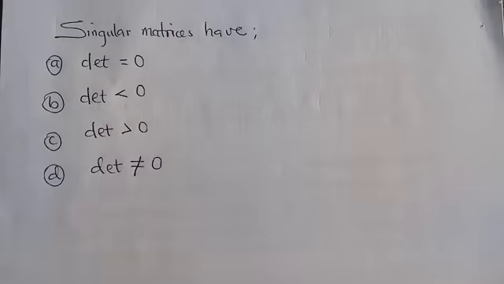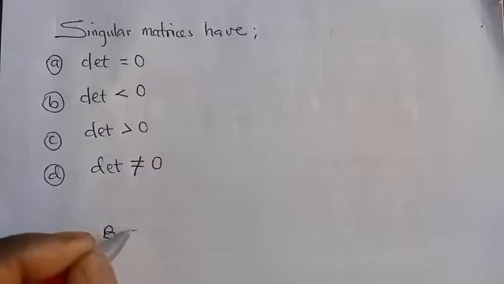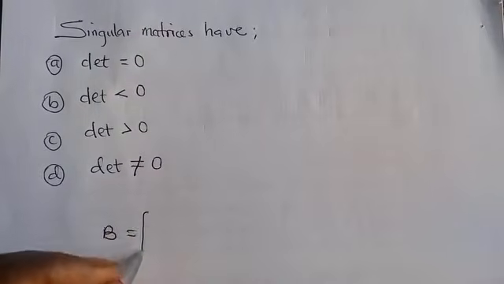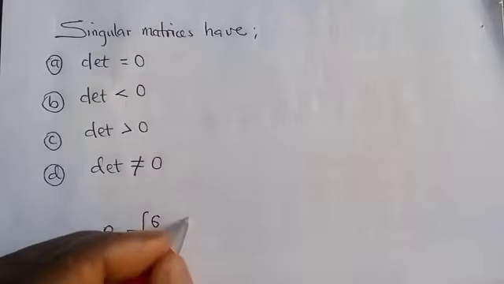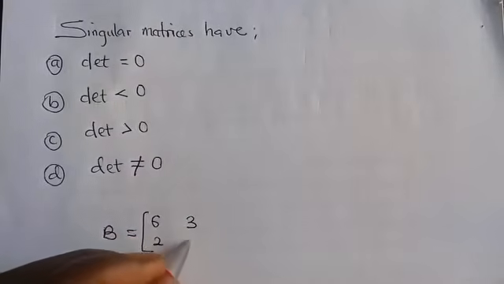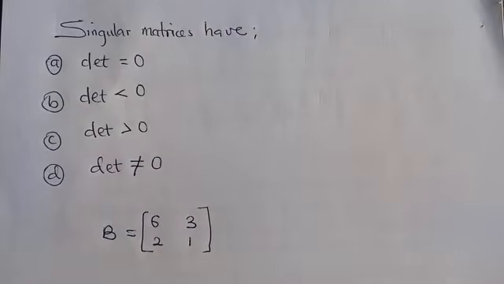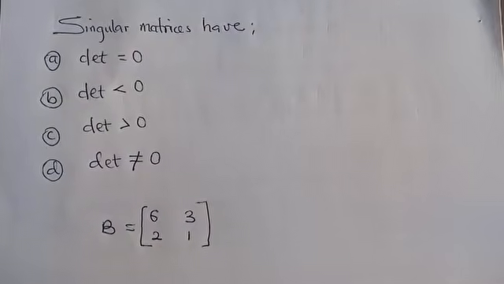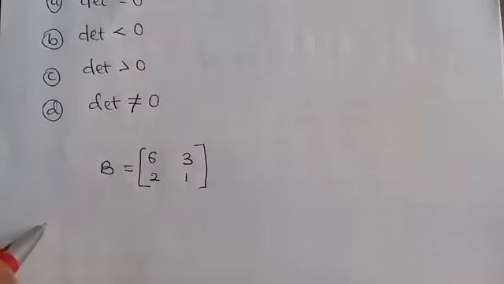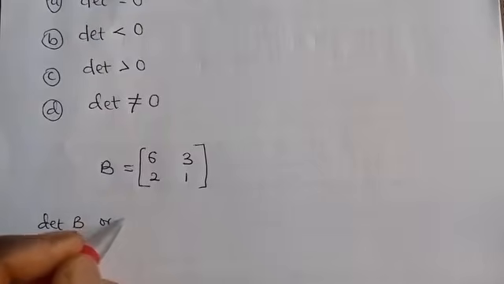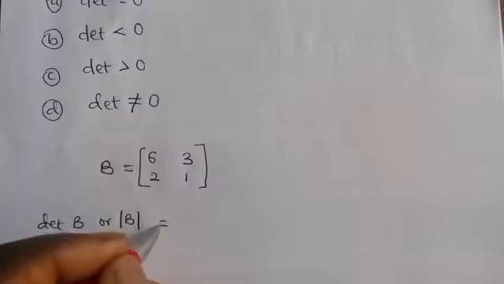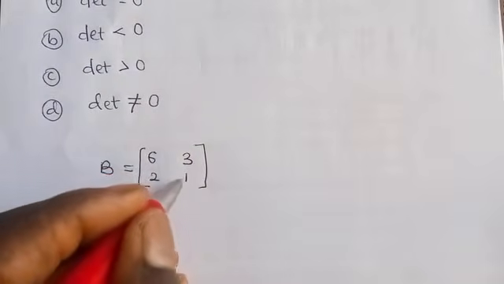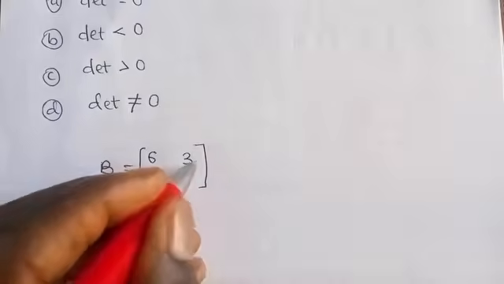So when you look at this matrix, for instance, matrix B, if we have 6, 3, 2, and 1, the determinant of matrix B, det B, is equal to, we are going to multiply this diagonal, then subtract the second diagonal from it.